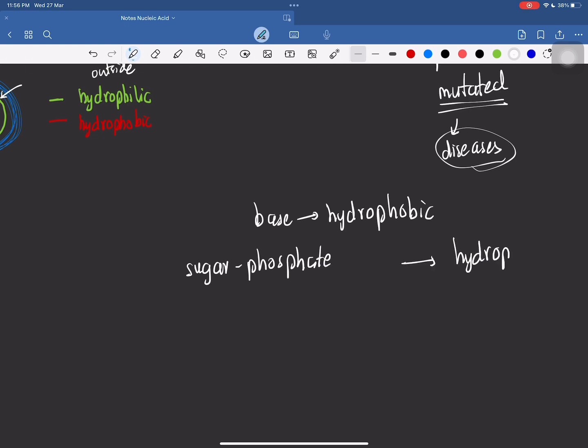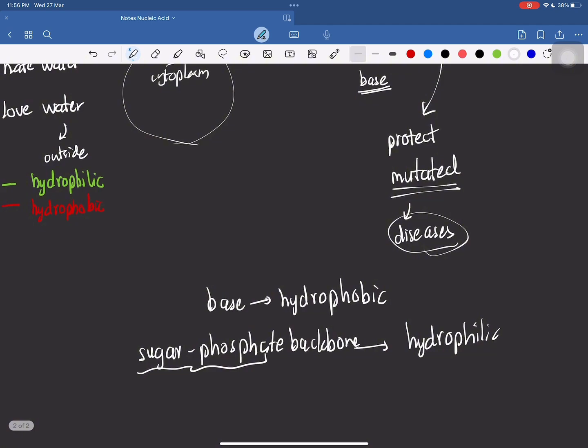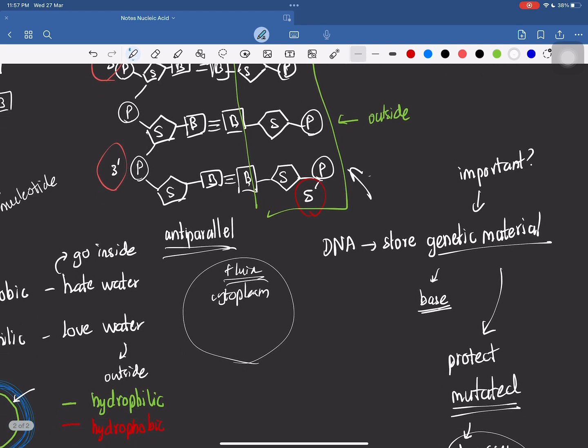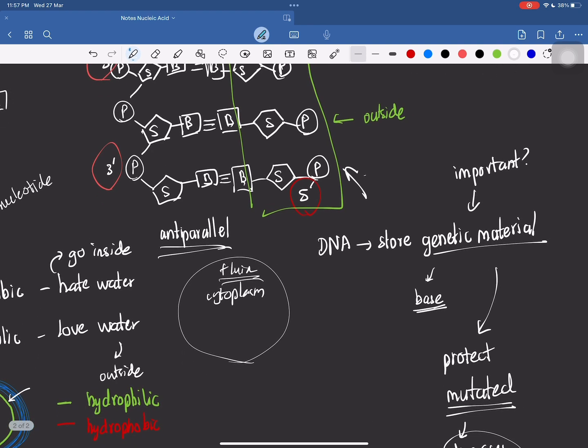We call this the sugar phosphate backbone. The reason we call it this is because the sugar phosphate backbone will protect our bases from exogenous agents, so they are not destroyed and the genetic material is protected properly.